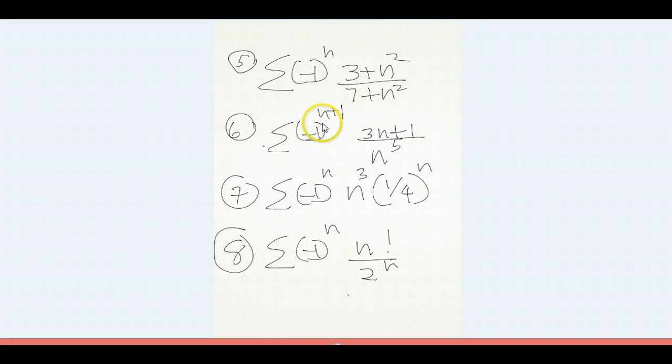Now let's see what happens to the absolute value series. If you take the absolute value series, you can just forget about the widget. The widget is no longer there, so you just have this one. So you look at this, look for a partner. If you look for a comparison partner, what do you have? On top, the leading power is n, the bottom, the leading power is n to the 5.